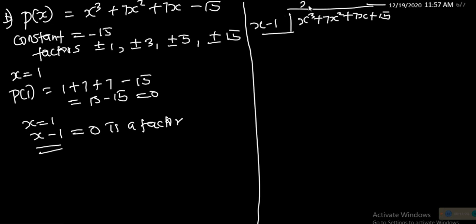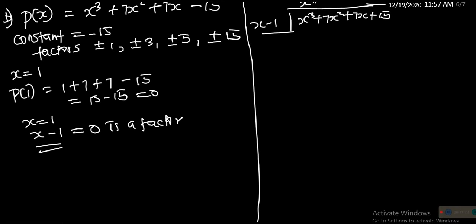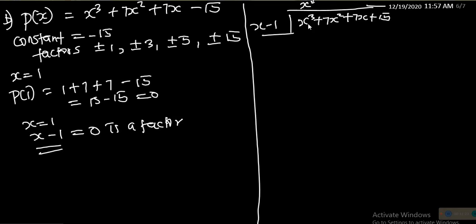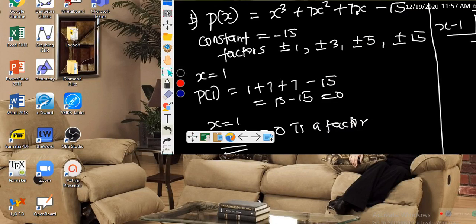So x minus 1 here will give us x squared. So multiply, we have x cubed minus x squared, and if we subtract, we have 8x squared plus 7x. x into 8x squared will give us plus 8x, guys, plus 8x.